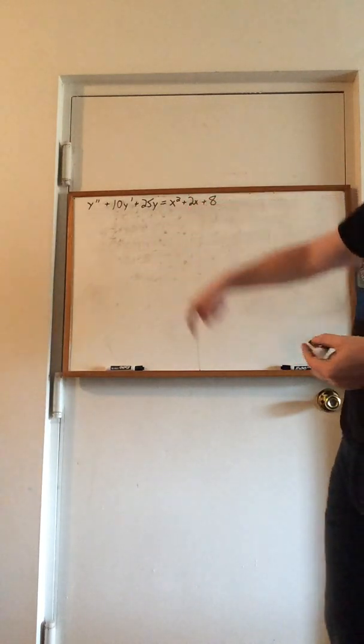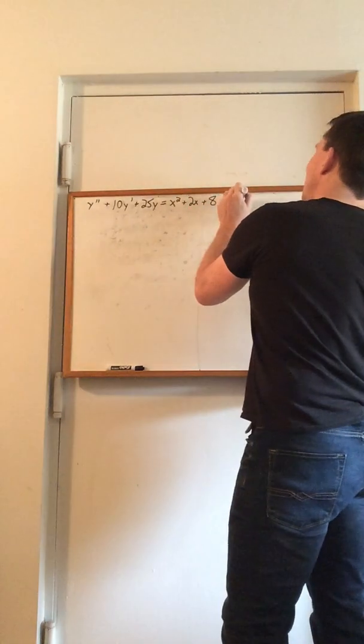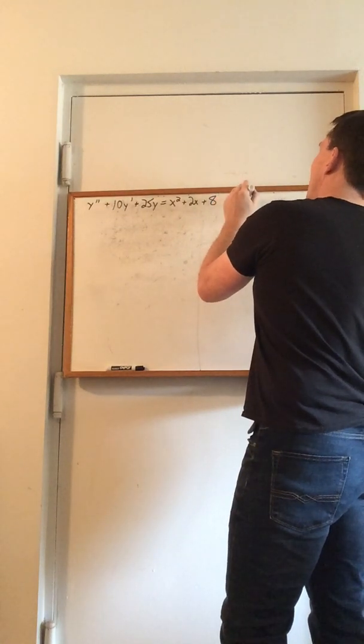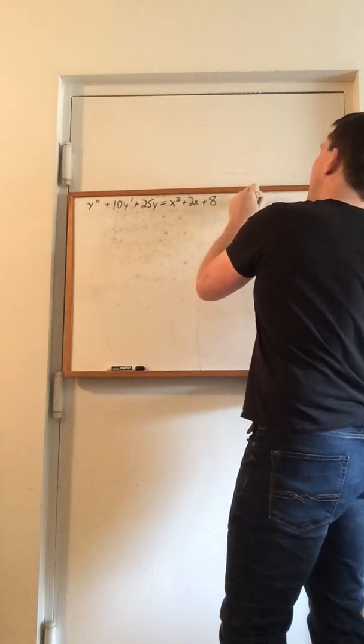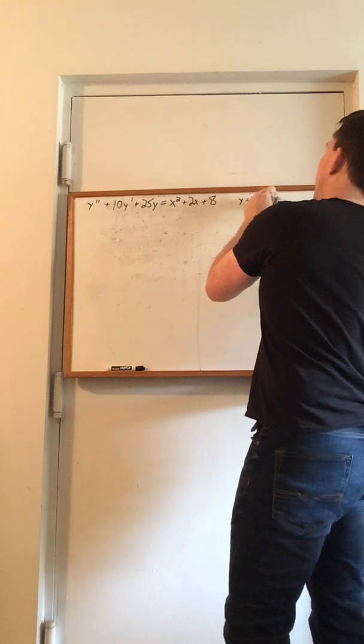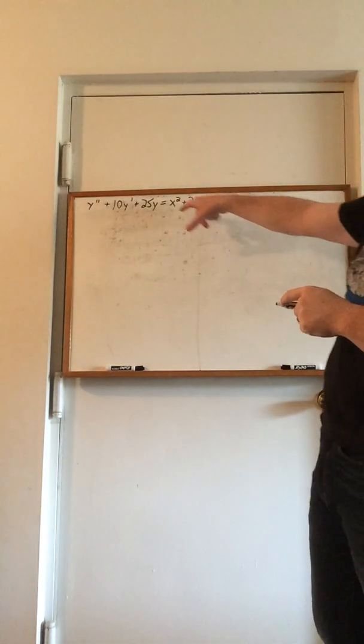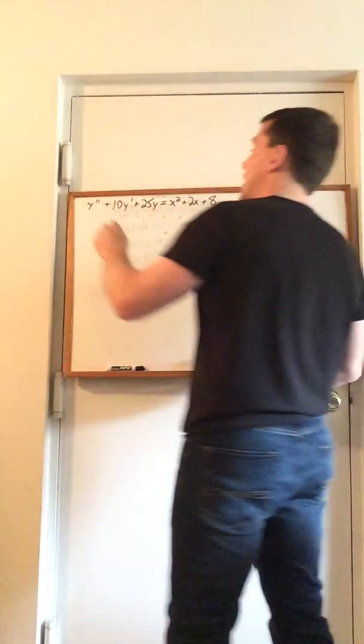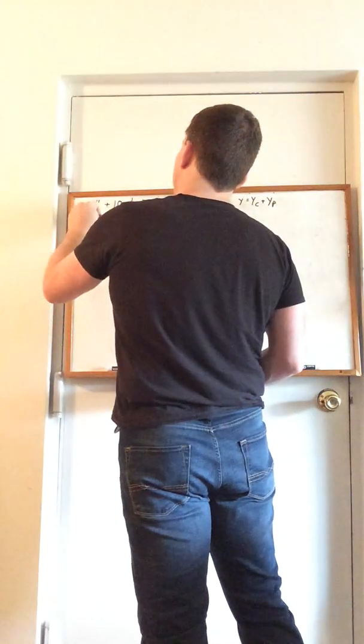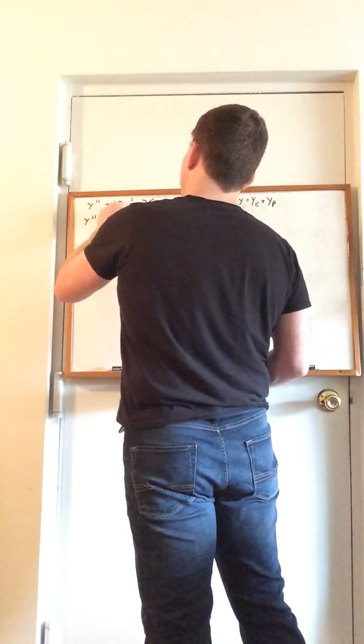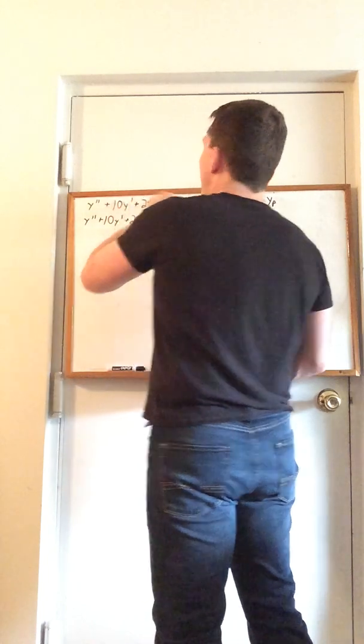First, since this is a non-homogeneous one, I know I need a solution of the form y sub c plus y sub p. So first I find the complementary solution, which means I look at the homogeneous version of this: y double prime plus 10y prime plus 25y equals 0.